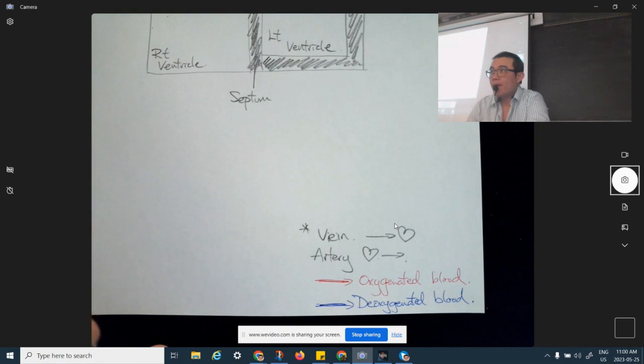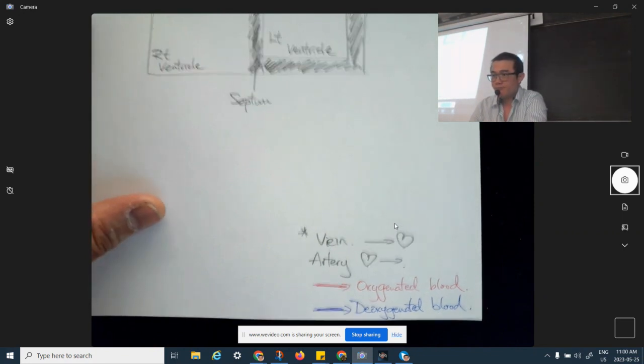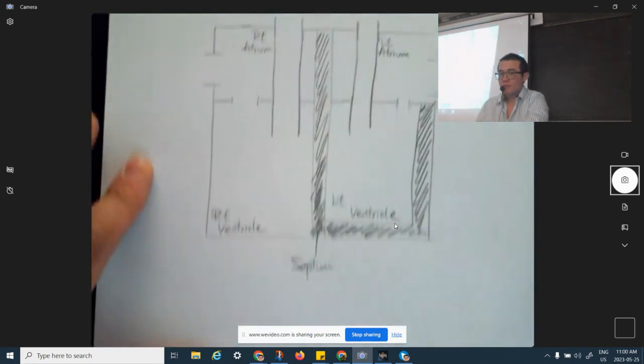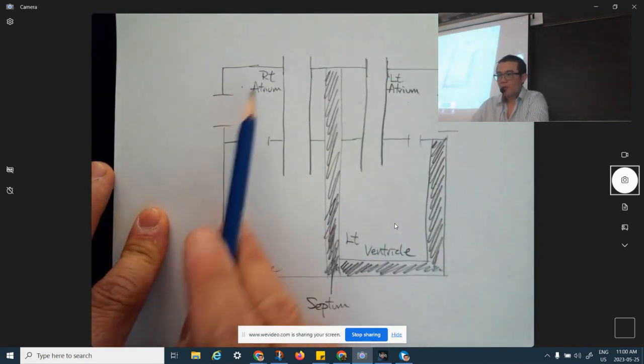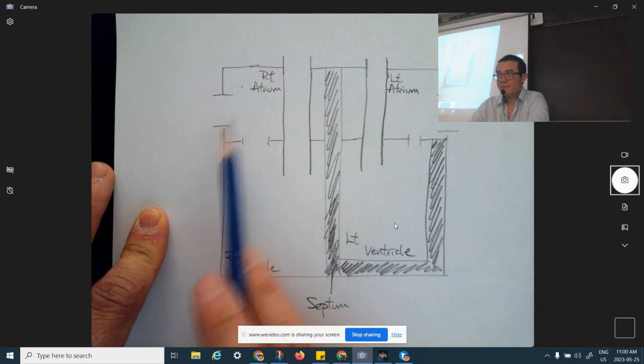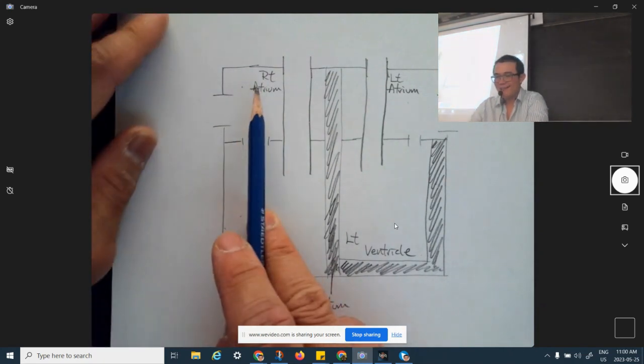Now we have the basic structure of the heart. Now let's talk about blood flow as well as the blood vessels. We'll start our story on the right side.